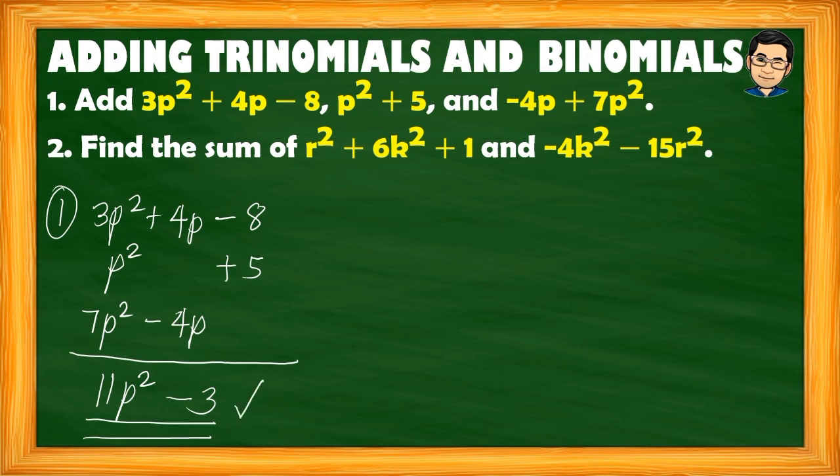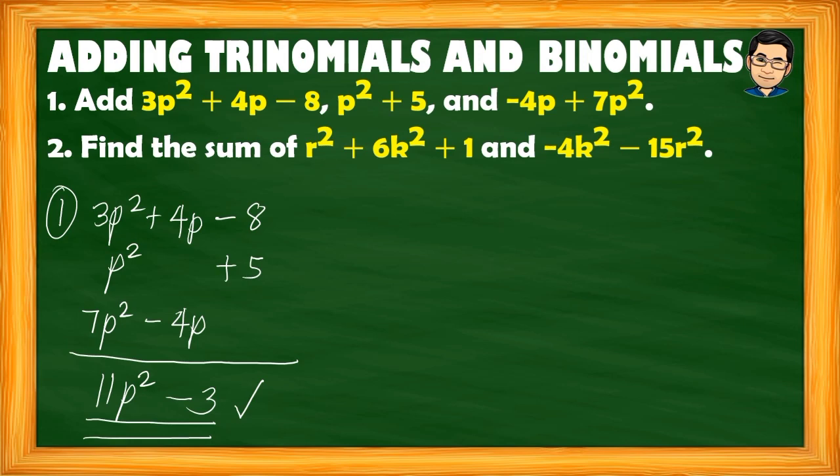Next, find the sum of r squared plus 6k squared plus 1 and negative 4k squared minus 15r squared. So, ganun pa rin. So, alin ang nauuna? K or R?